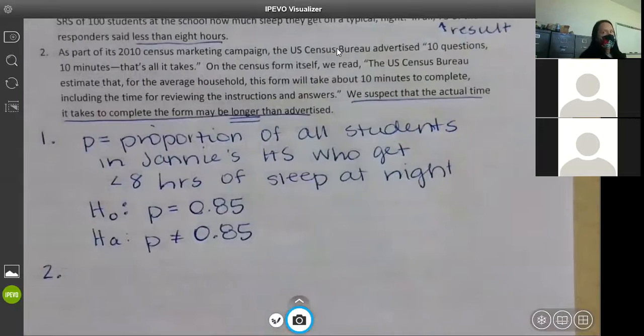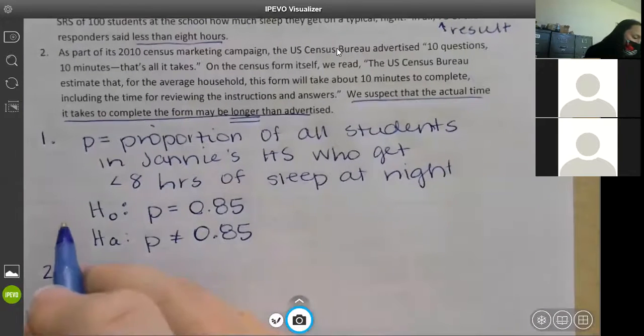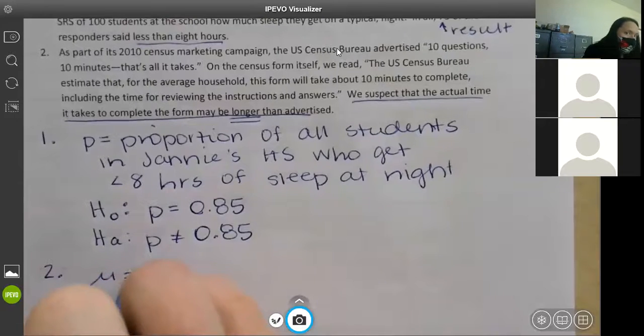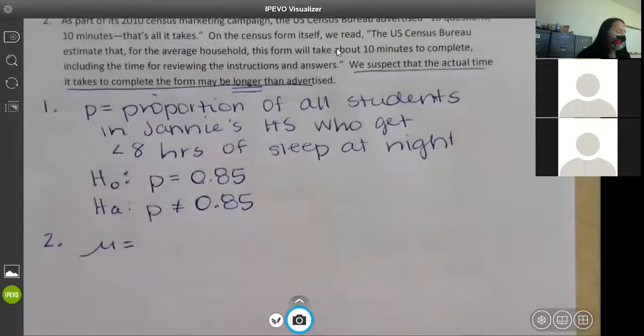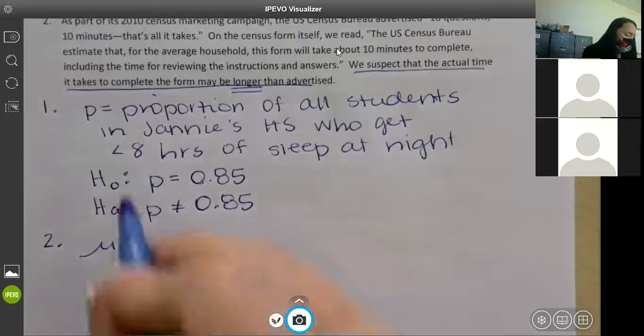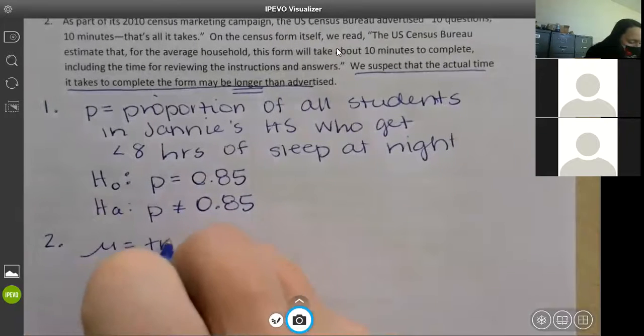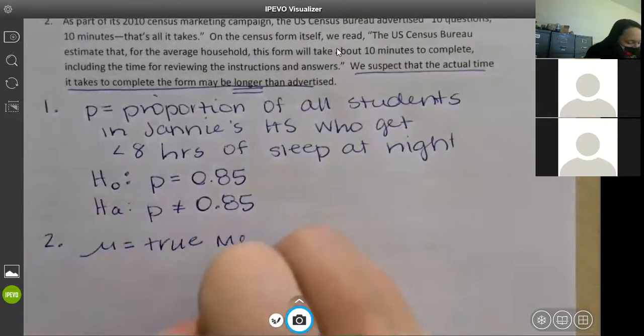Okay. So what is our parameter? Do we have a proportion this time? What do we have? It is the mean, so we're doing mu. And what is it in context of the problem? The time it takes for a household to finish the survey, the 10 questions.